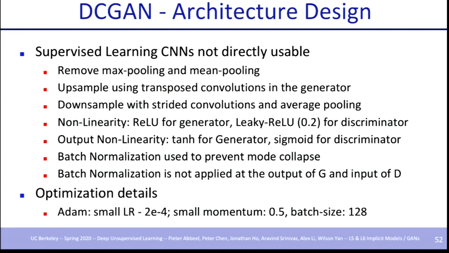In such models, in those days, people used to use max pooling and probably mean pooling in the middle. Those are not particularly good for generative models, so these are removed from the DCGAN's discriminator.